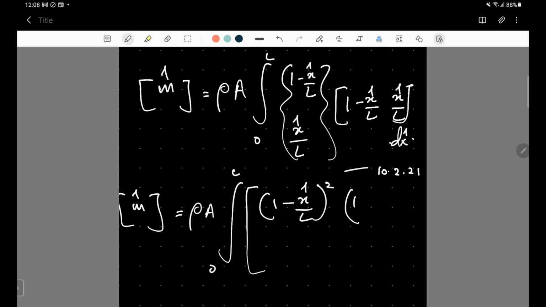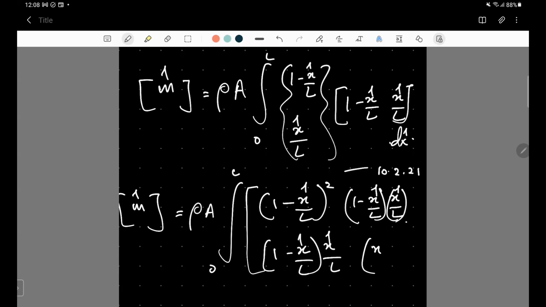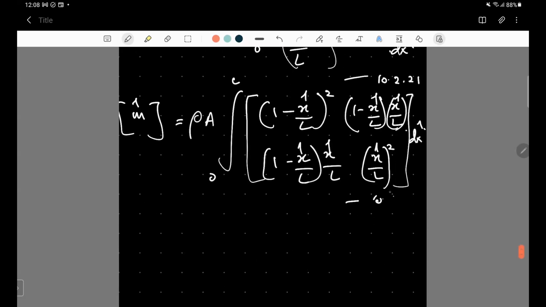The second term is 1 minus x hat divided by L times x hat divided by L. And the first element in the second row is 1 minus x hat divided by L times x hat divided by L. Then the last term is x hat divided by L squared, times dx hat. This is 10.2.22.